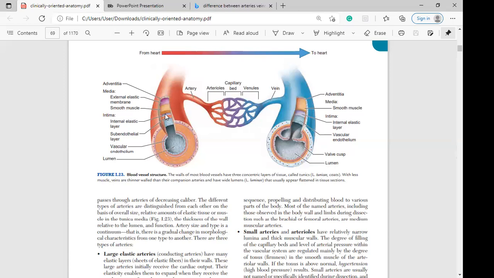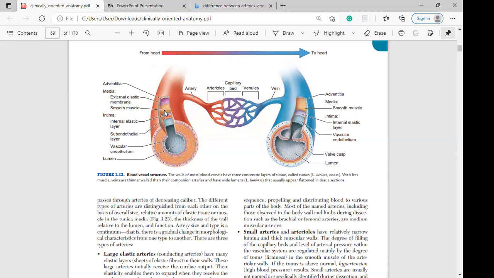Then you move to the next layer, which is the Tunica Media. This is the Tunica Media here. You see that the Tunica Media is above the intima, because the intima is the innermost layer. In the Tunica Media, what do you find? You find smooth muscle. Now notice something.